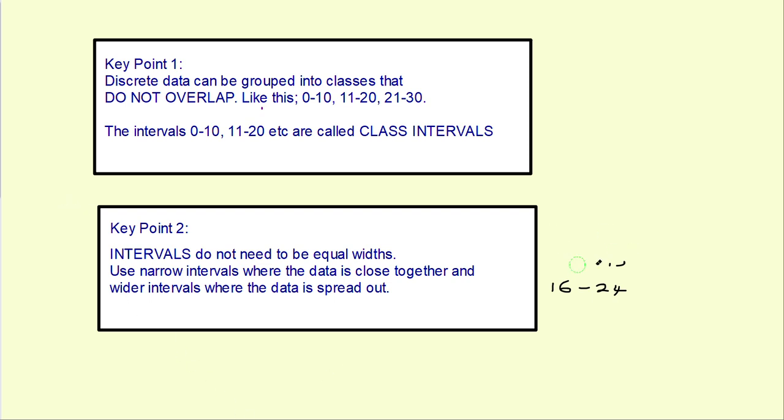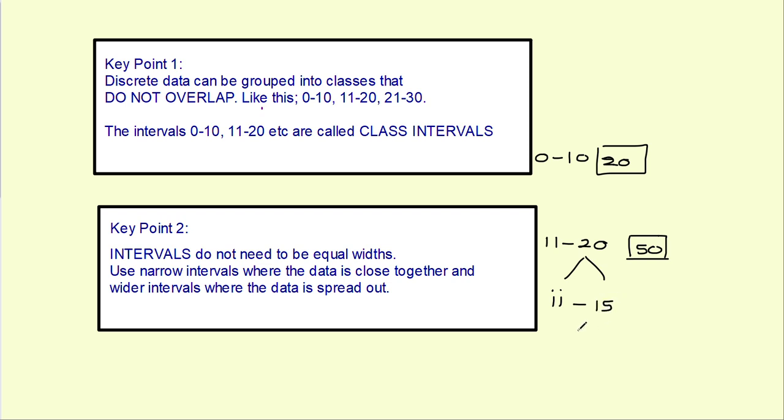For example, if I had 20 pieces of data in the 0 to 10 category, and 50 pieces of data in the 11 to 20 category, you might want to start to break down the 11 to 20 a little bit further, maybe into 11 to 15, 16 to 18, 19 to 20, just as an example.